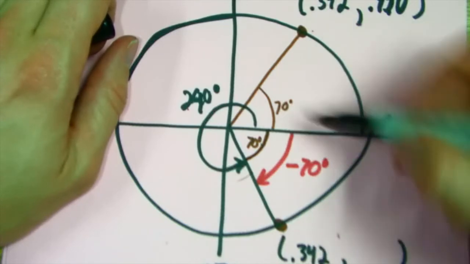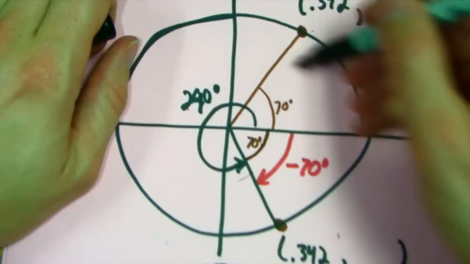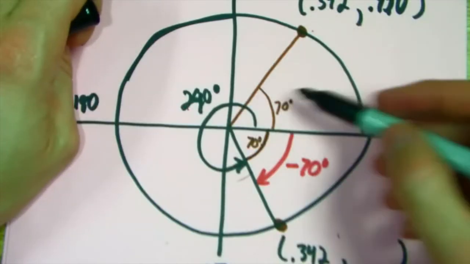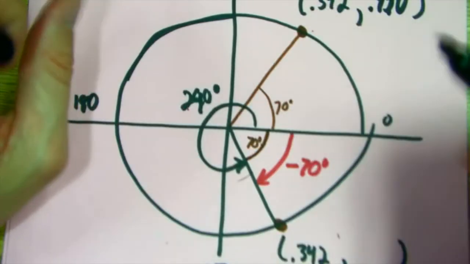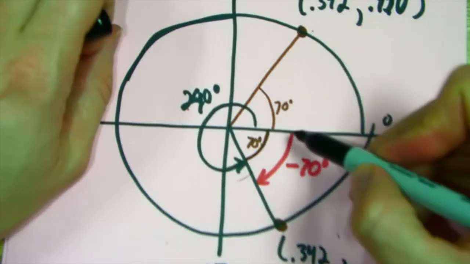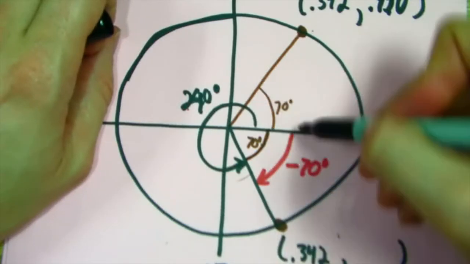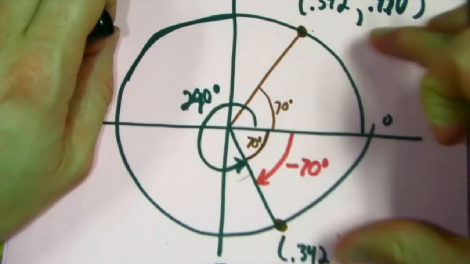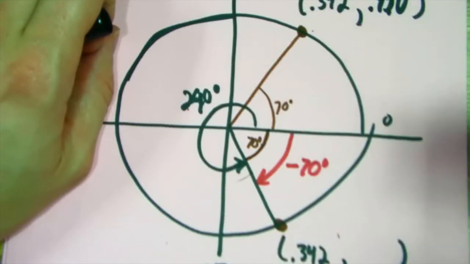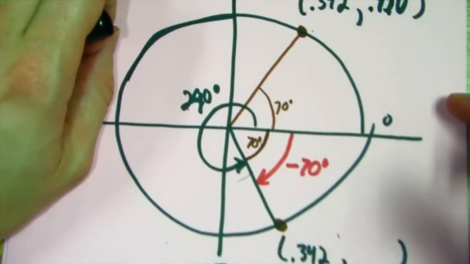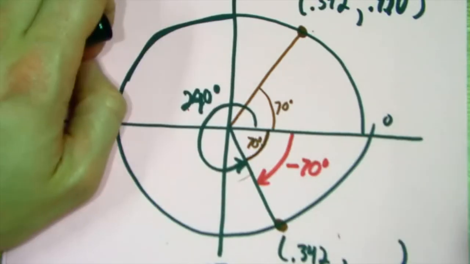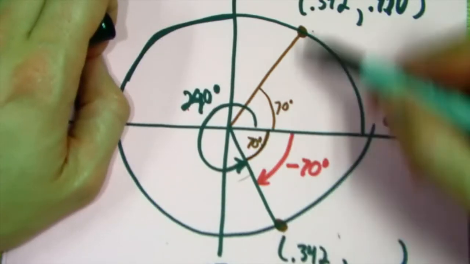Why is that? Well, if I've rotated around a circle, again, my drawing's not great, but if this is a purely perfect circle, then the same angle this way and the same angle this way should produce the exactly same x-coordinate. Now, what about the y-coordinate? Is there any difference between the y-coordinates here?